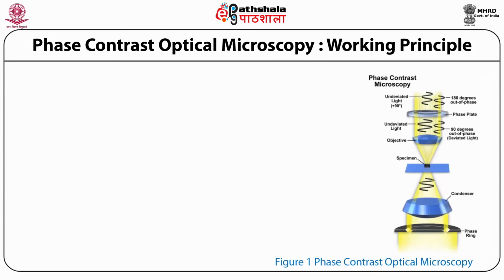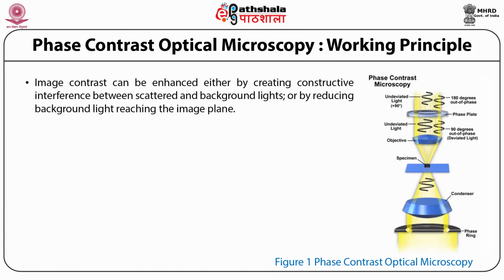Figure 1 shows the phase contrast optical microscopy. The image contrast can be enhanced either by creating constructive interference between scattered and background lights or by reducing background light reaching the image plane.